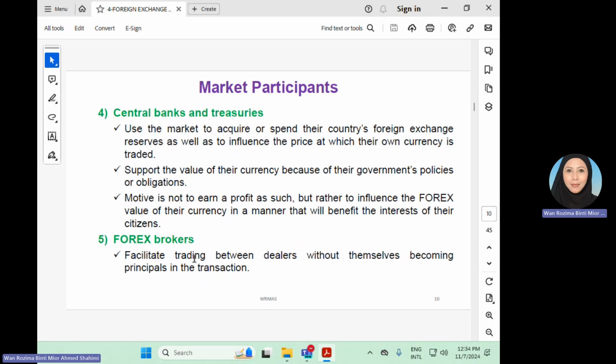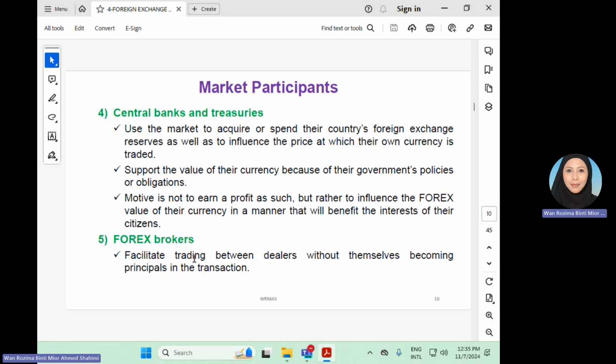So this is one of the parties we talked about for the past 2 weeks. They use the market to acquire or spend their country's foreign exchange reserves, as well as to influence the exchange rate at which their own currency is traded.